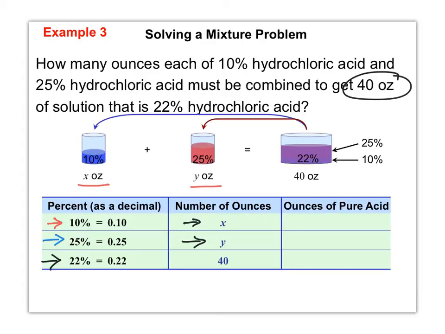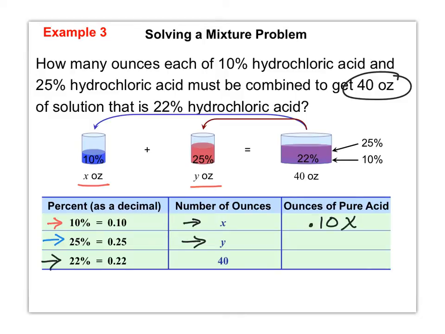Now in the last column here, the way you calculate the ounces of pure acid is to take the percent times the number of ounces. So in this column, we're going to take 0.10 or 10% of x, and that can be represented as 0.10x.